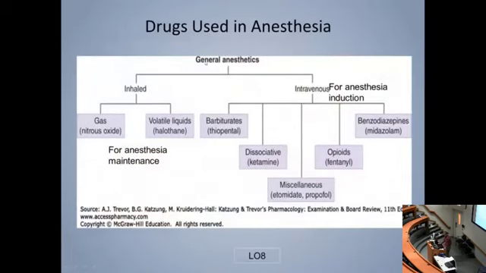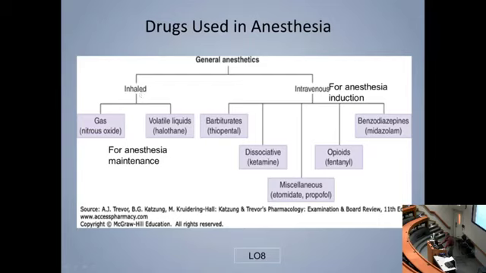So the layout for anesthetics can really be summarized, divided by those that are inhaled versus those that are administered IV. And typically the IV ones are used for the induction phase of anesthesia, to reduce anxiety, to control pain, and then to put patients to sleep.